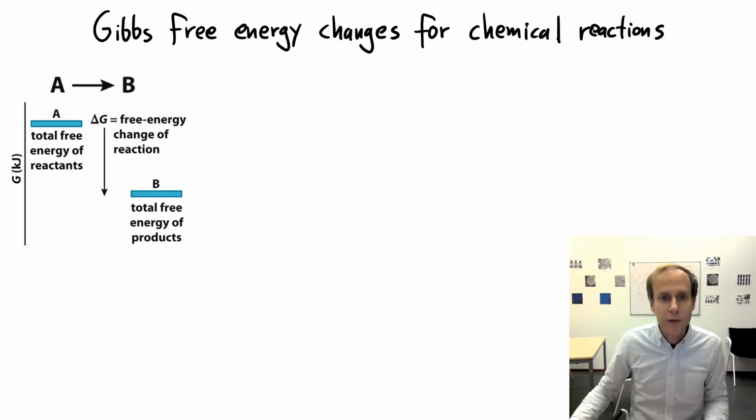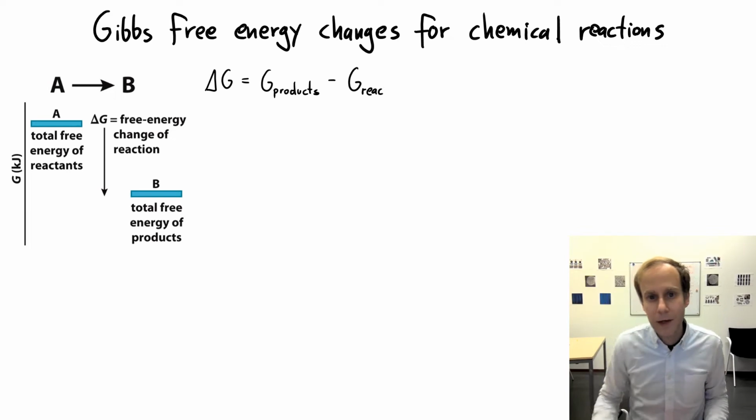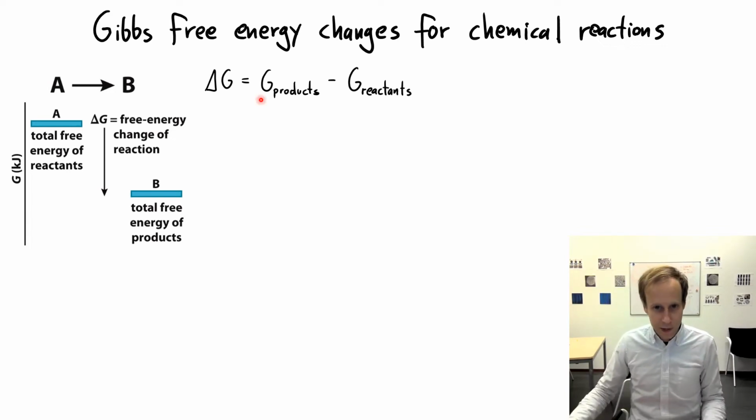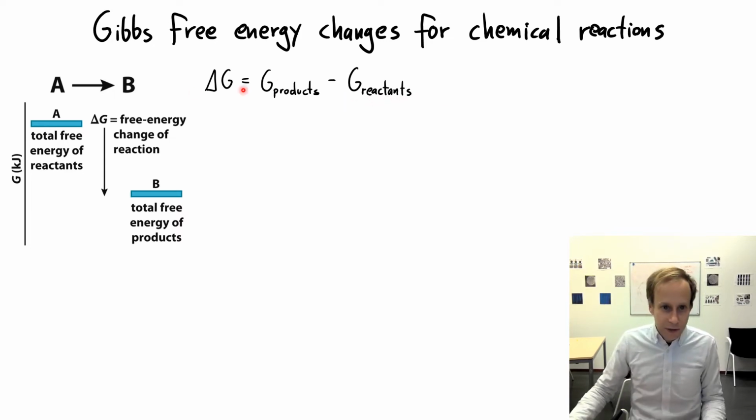This value for the free energy change of reaction can be calculated with this formula. We simply take the value for the free energy of the products and subtract from it the free energy of the reactants. So you see nicely in this example here, the free energy of the reactants is higher than the free energy of the products.